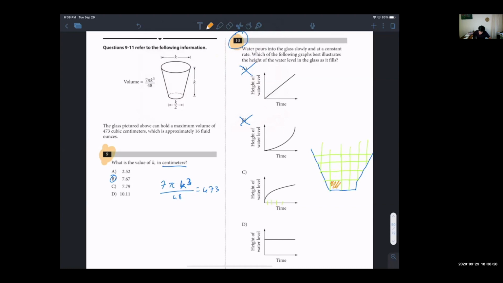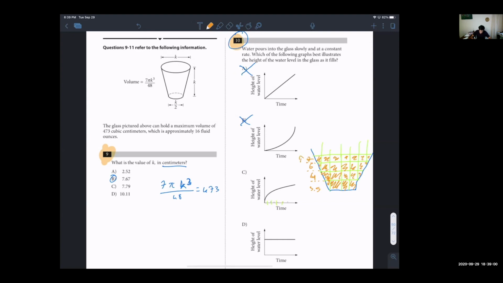So one box is filled time 1, 2, 3, and then maybe this fills up till here, right? What you will notice is it took me 3.5 to fill up till here. Now I do 1, 2, 3, 4. So now it takes me 4 units to fill this up. 1, 2, 3, 4, 5, 6. This takes me 6 units to get up to here. 1, 2, 3, 4, 5, 6, 7. Now it takes me 7 units to fill up to here, right? So it's taking me longer and longer to go up 1 unit.